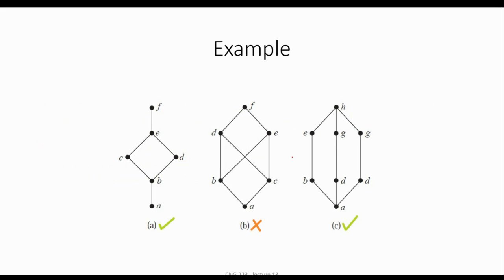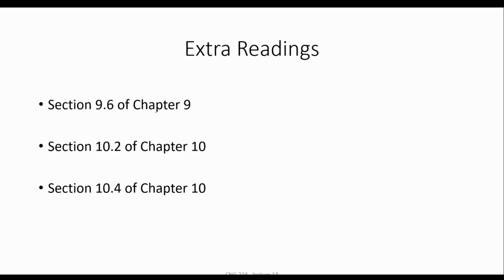I will show you where to read them. So when you want to check with yourself whether you understood what lattices are, check with this slide. Check whether you understand why A and B are lattices, but B is not. Okay? So if you are interested, you can go through these chapters.